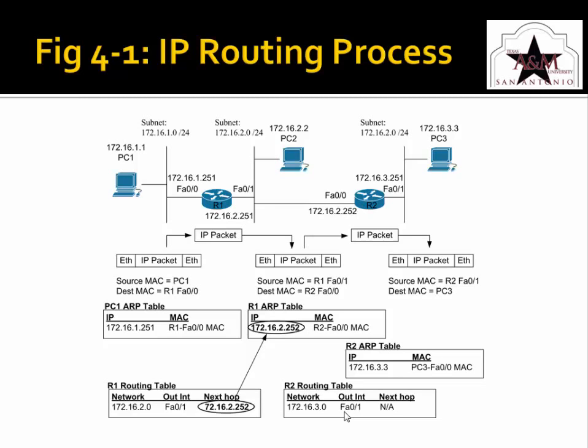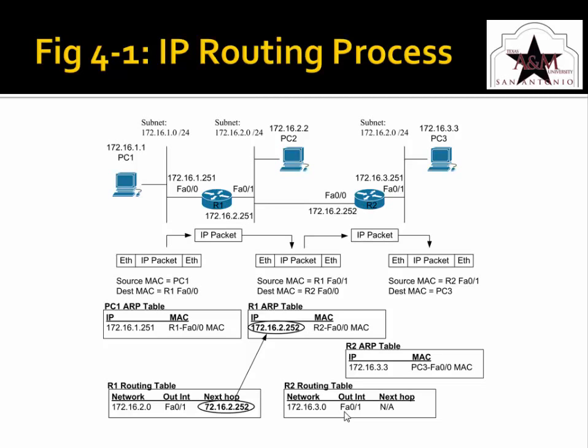Router 1 will verify the frame is not corrupted by checking the frame check sequence. Then it will strip the Ethernet header and examine the destination IP address for the IP packet.